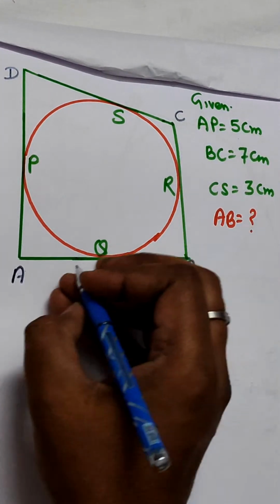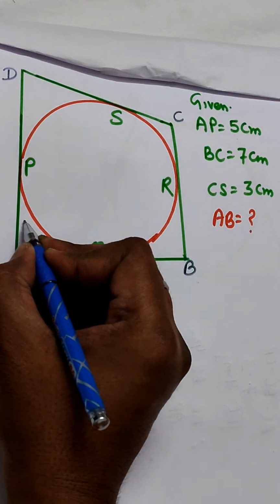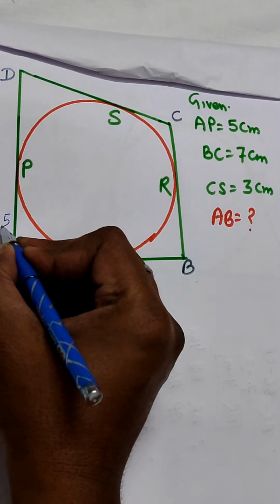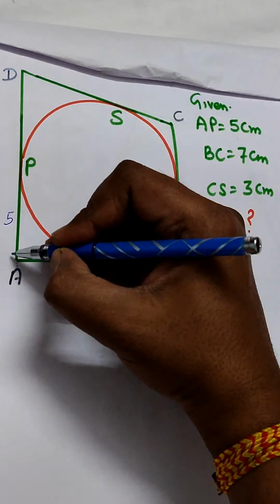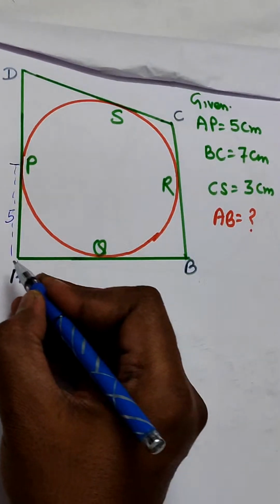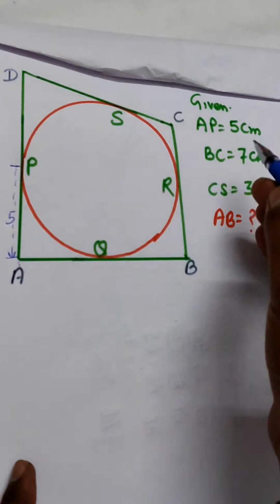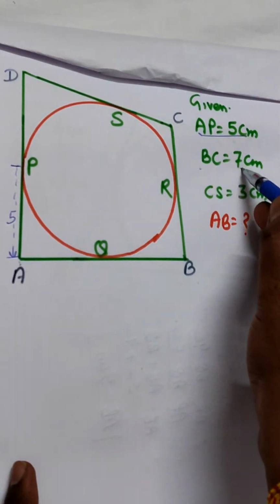AP is 5 centimeter. So this is AP, given as 5, right? The length of AB is given as 5, right? Now after this, BC is 7.